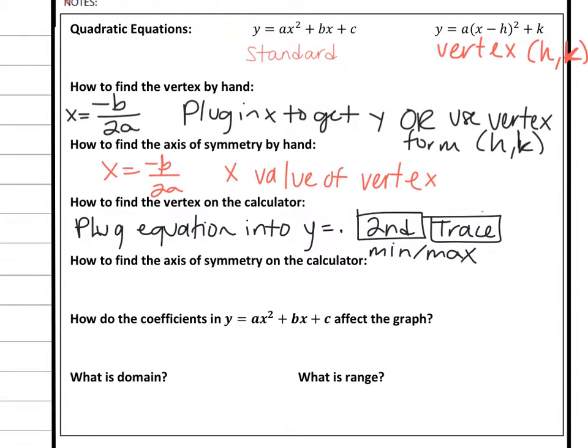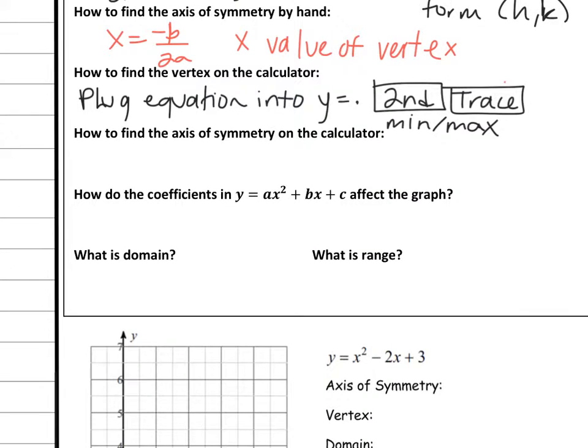Then you'll have to do the left bound, right bound, enter. We'll do that together. So we just wrote down how to find the vertex. Whatever the x value is, that's your axis of symmetry, because remember, your axis of symmetry goes through the vertex.